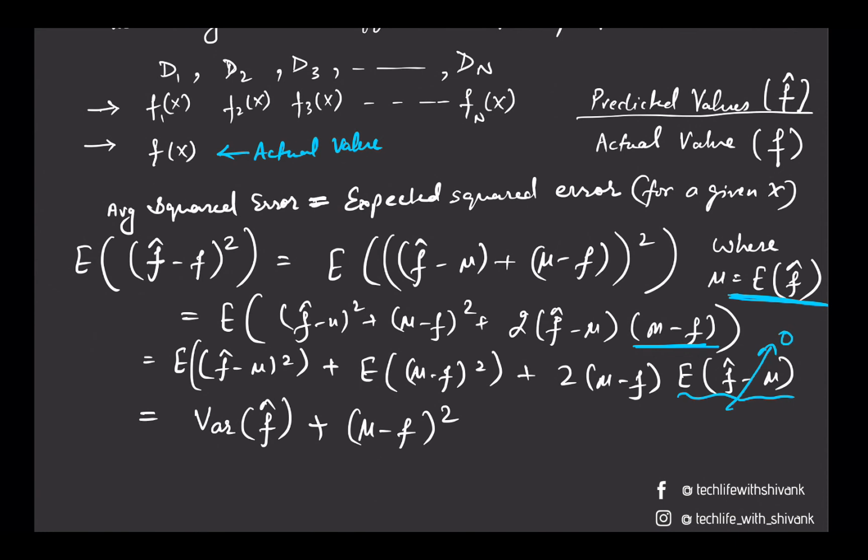Given a particular x, mu and f are constant, and that's why we can take that out. And now we know that mu minus f is nothing but the definition for bias.